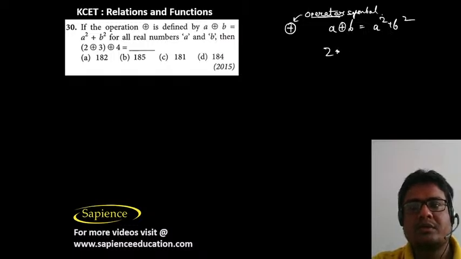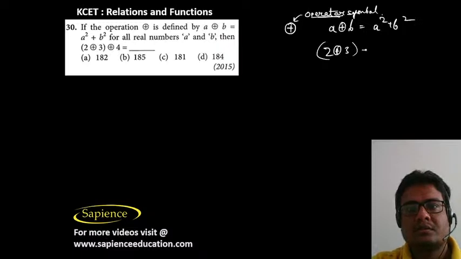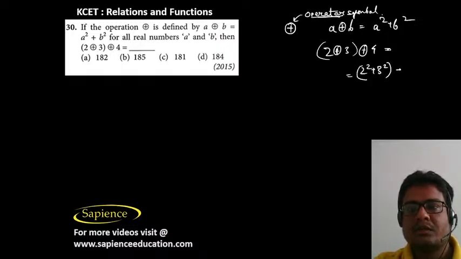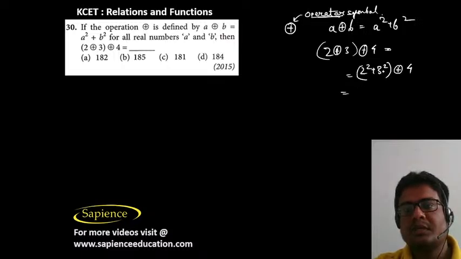Then 2 operator 3 operator 4, you have to find it. So a operator b is a square plus b square. So this will be 2 square plus 3 square, and with that we have to take the operator with 4. So 2 square plus 3 square, 4 plus 9, that is 13.